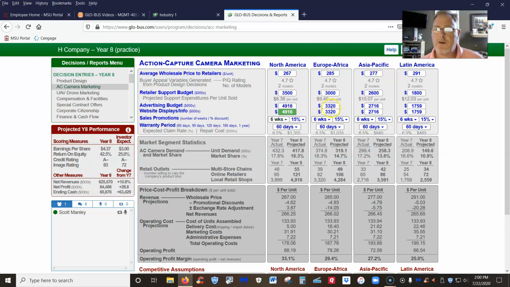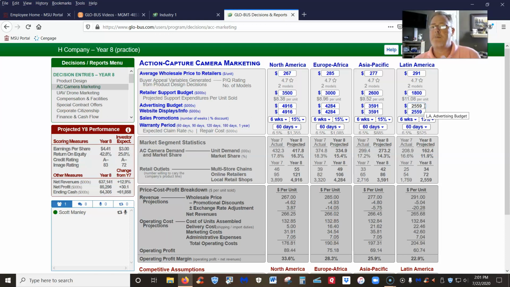Okay, I'm gaining market share when I do that, so that's a good thing. And then 2559 and 2559.